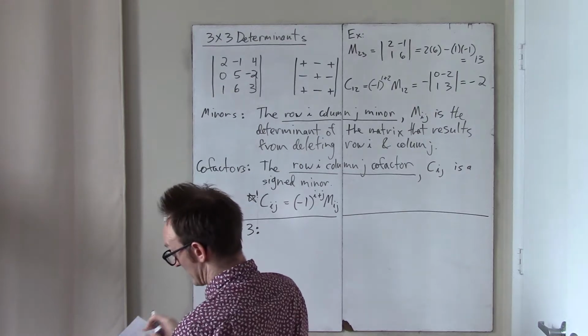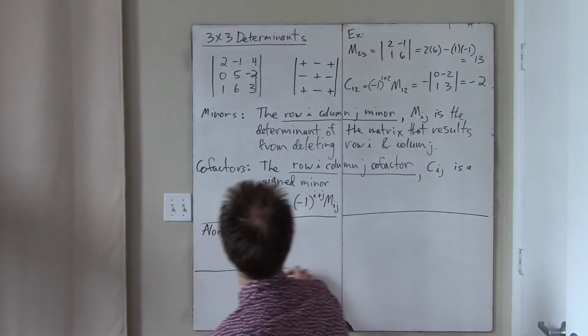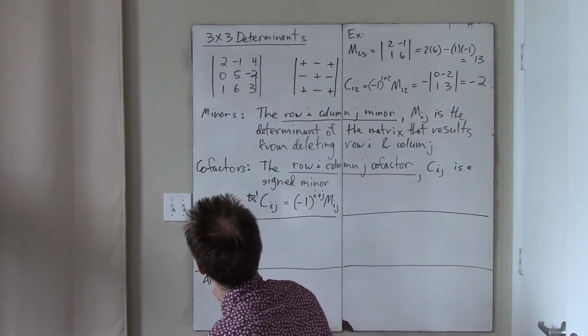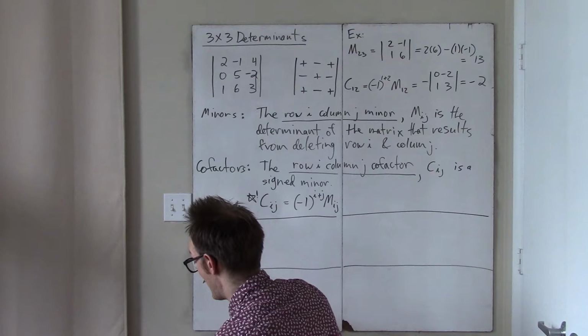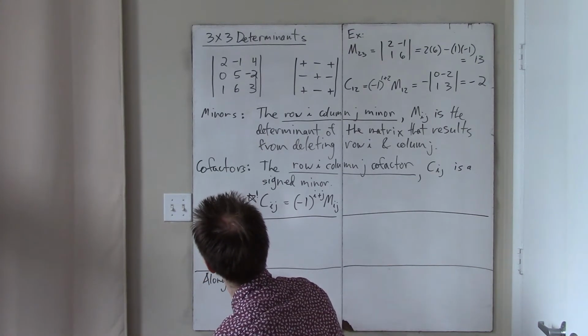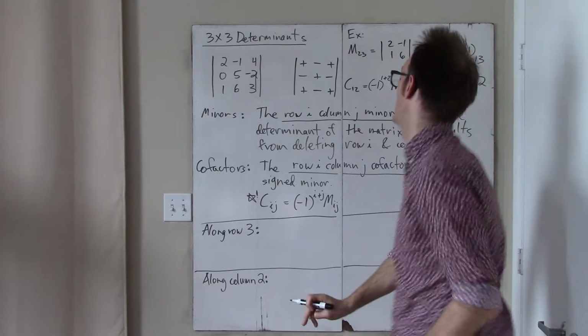And then I'm going to try to squeeze it into this same board. I think I can do that. I will do it along column 2. Okay. So, alright, well let's go.